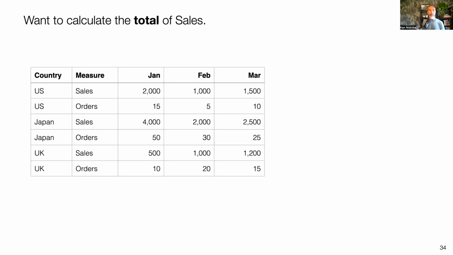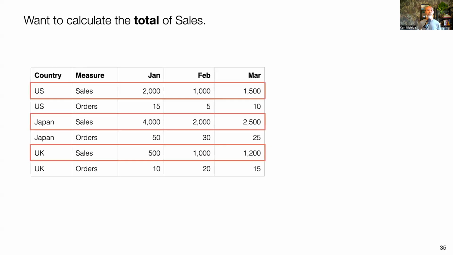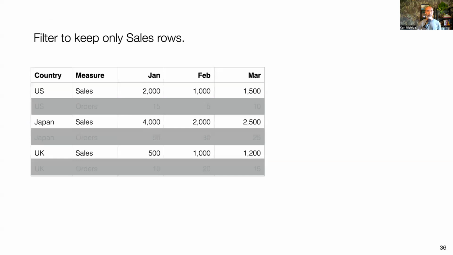This complicates the calculation because first, we want to focus on the sales. Remember, we want to calculate the total of the sales. So we want to get rid of the orders by using a filter, and then calculate the whole total value.